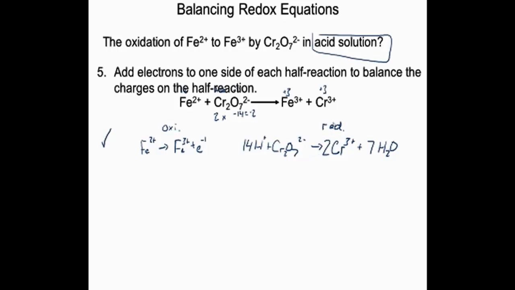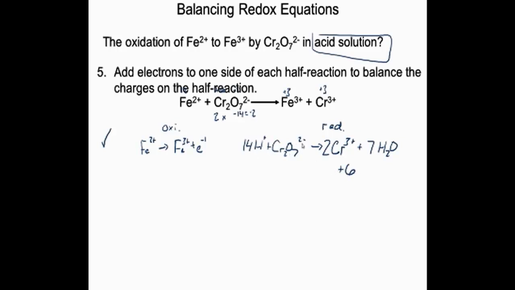On my reduction half reaction, we just checked to make sure everything was balanced as far as elements goes. We have 14 H's, 14 H's, 2 Crs, 2 Crs, 7 O's, 7 O's. But now we need to look at charges. So on this side, we have 2 times +3, or really a +6 charge on the right side.